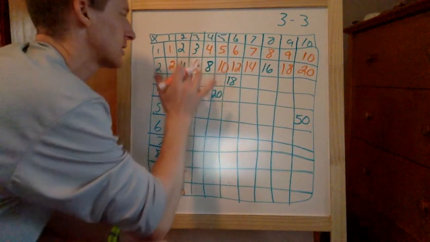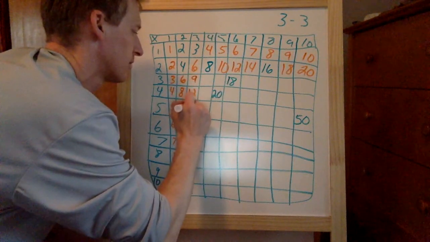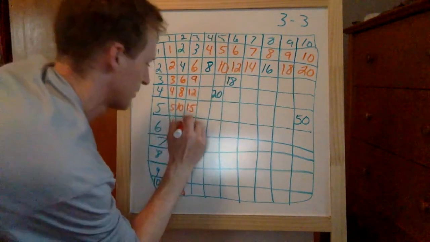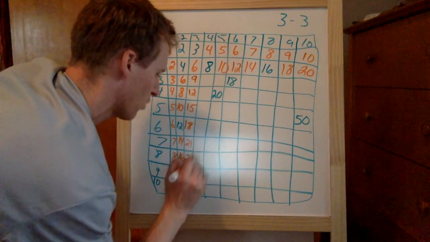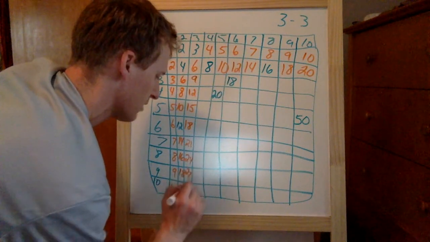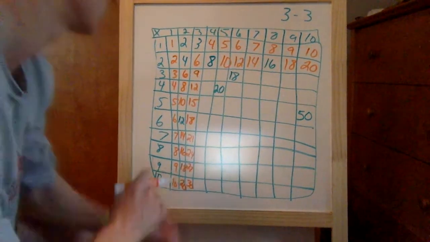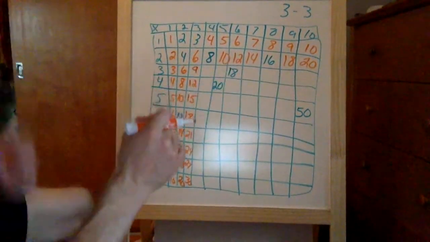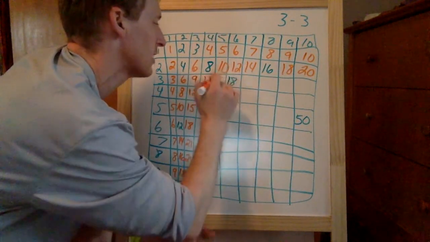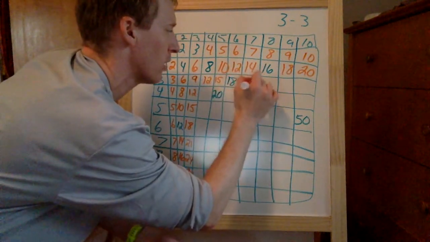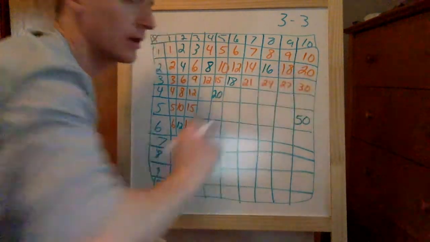3, 6, 9, 12, 15, 18, 21, 24, 27, 30. This one will be easier to go across, so we'll do it this way because the boxes are bigger. 3, 6, 9, 12, 15, 18 they already put in there, 21, 24, 27, 30.